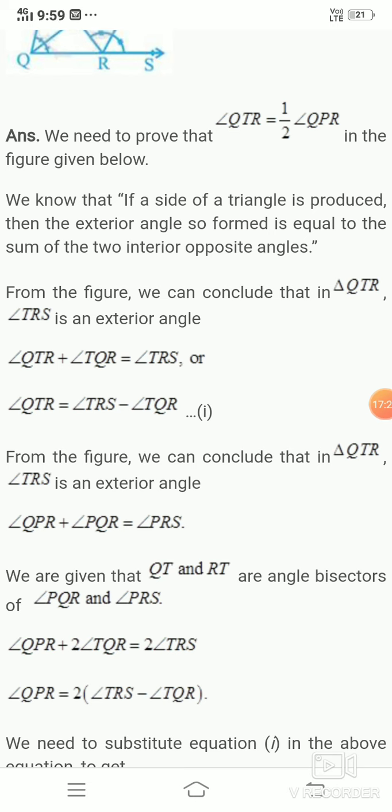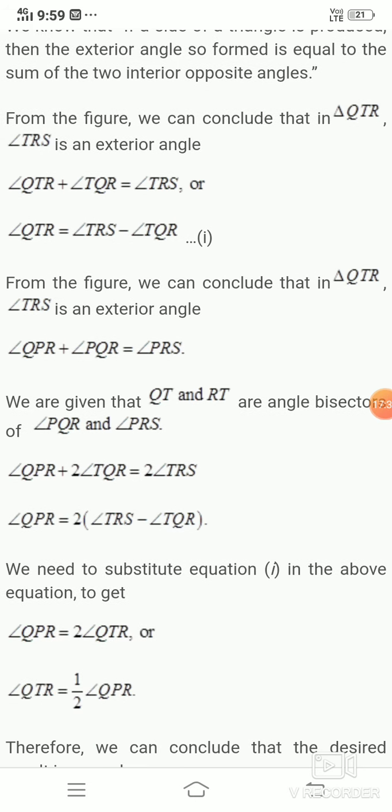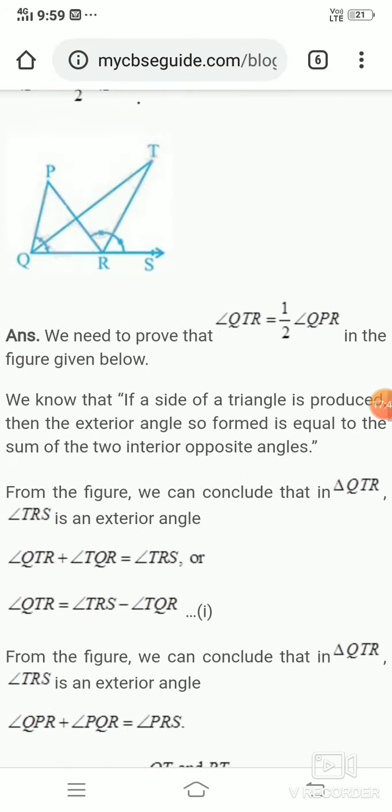Compare these two. Substitute TRS minus TQR equal to QTR, so angle QPR equals 2 times QTR. Now we need to prove in the form of QTR, so angle QTR equals 1 by 2 of angle QPR, right?